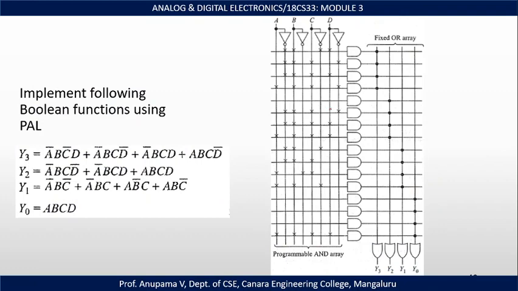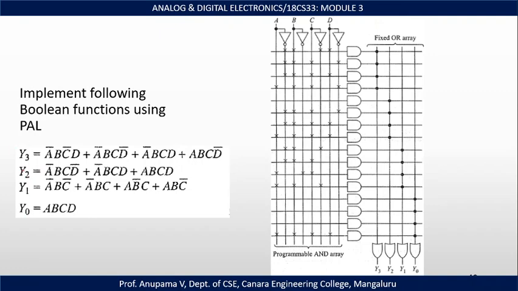Next question is to implement the following Boolean function using PAL. PAL stands for programmable array logic. In programmable array logic, the AND array is programmable but the OR array is fixed. See the equation given.